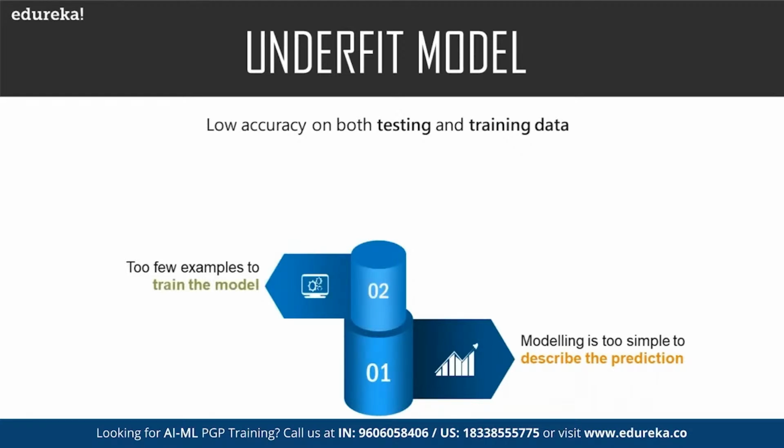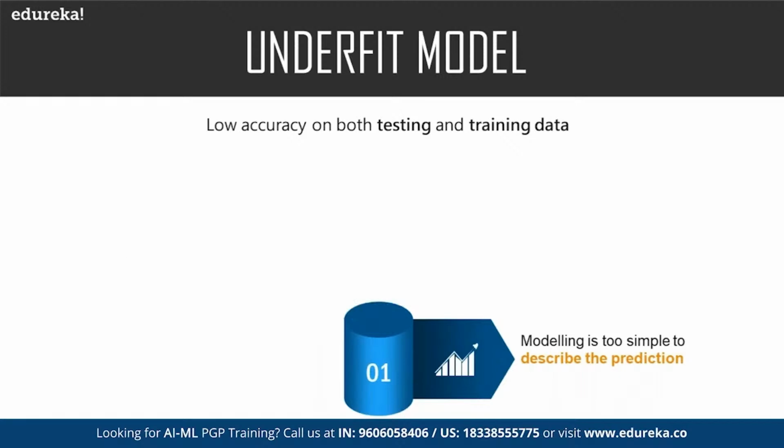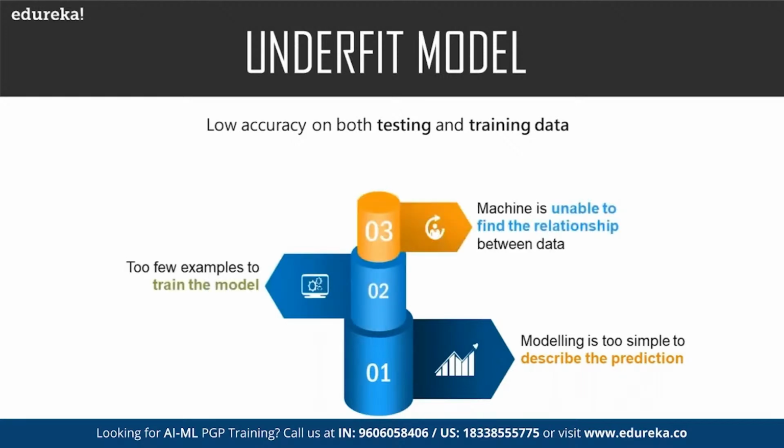The examples are nothing but the samples, the data. We may be using very little data to train the model. That's a big cause of such an underfit model. And moving ahead, the machine is unable to find the relationship in the data because we haven't properly chosen the data on which to evaluate the model.